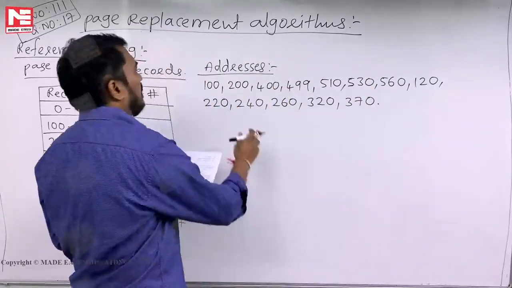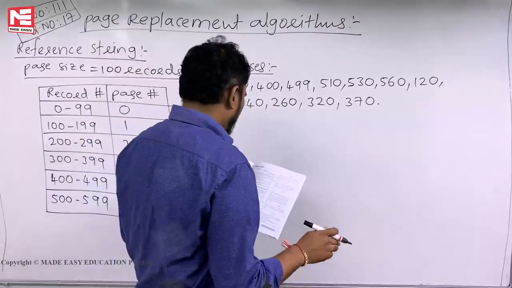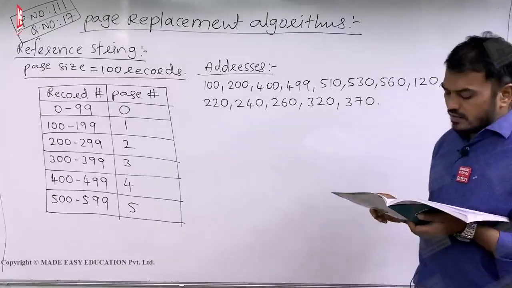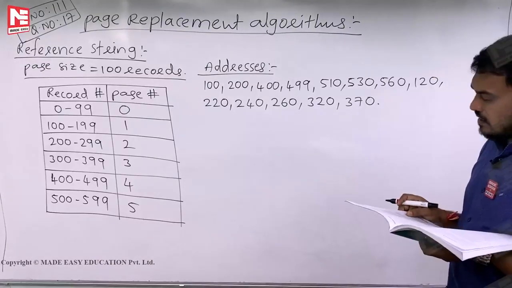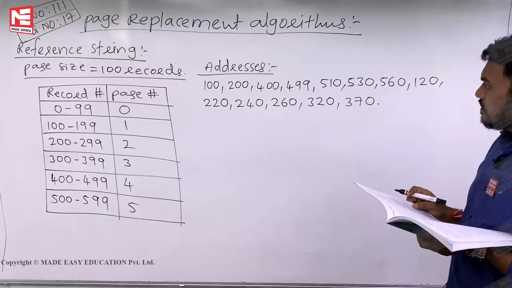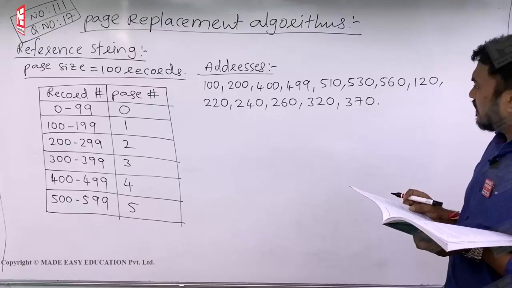So these are the address sequences given to you. Addresses are given to you. Question में जो दिया गया उसी को लिखा है भाई.